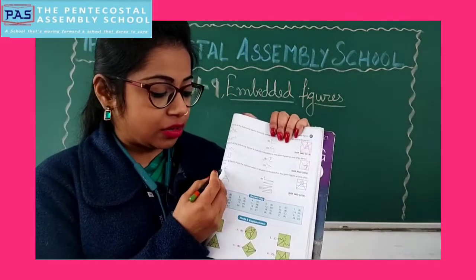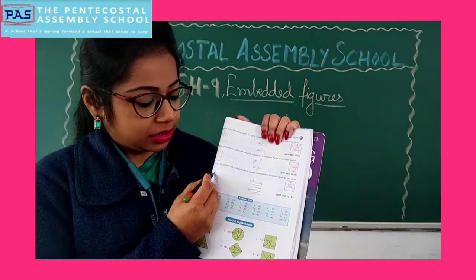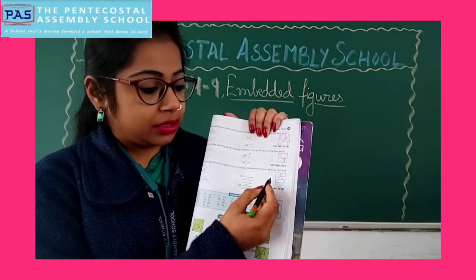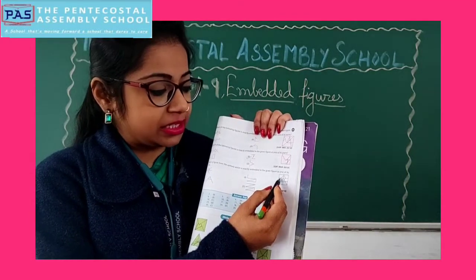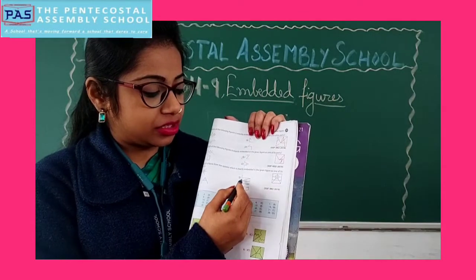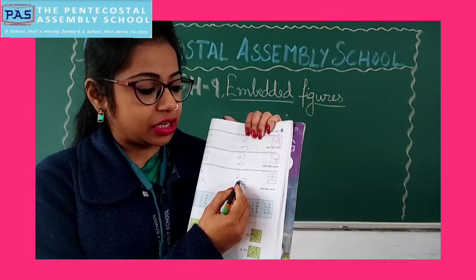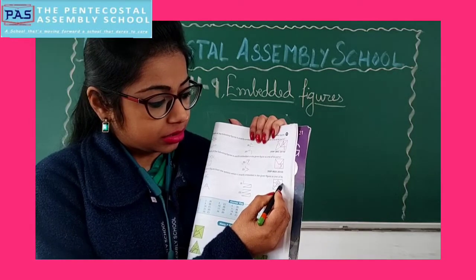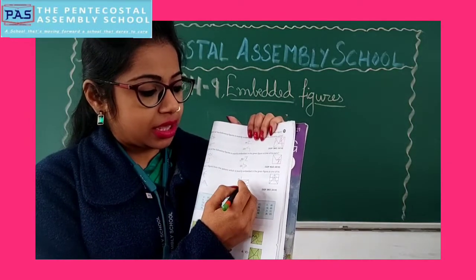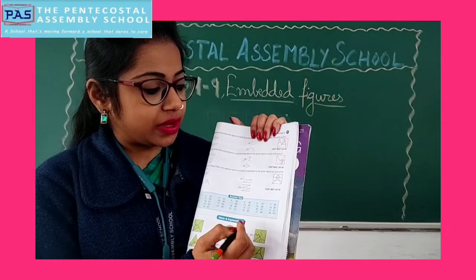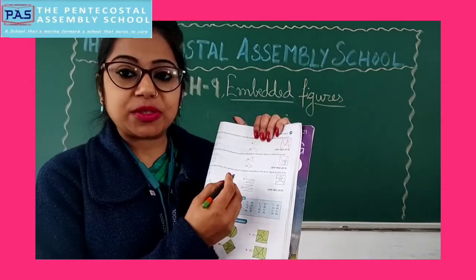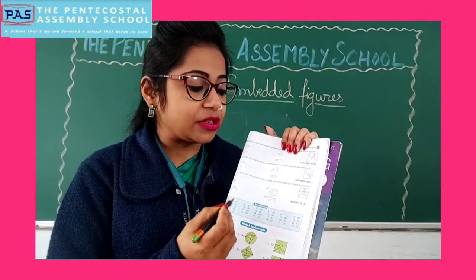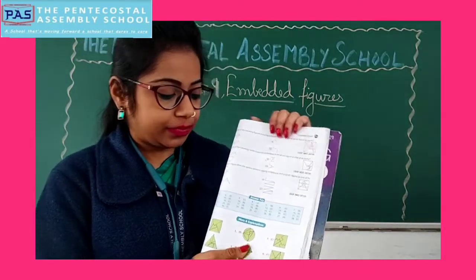So let us check option A. Can you see this figure? No, this is not present in this figure. Let us check option B. No, I cannot find this one also. So the figure given in option B is also not a part of this figure.